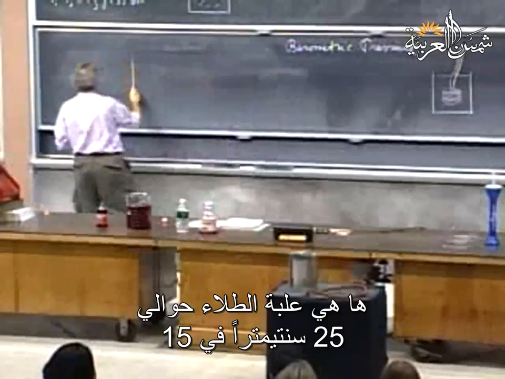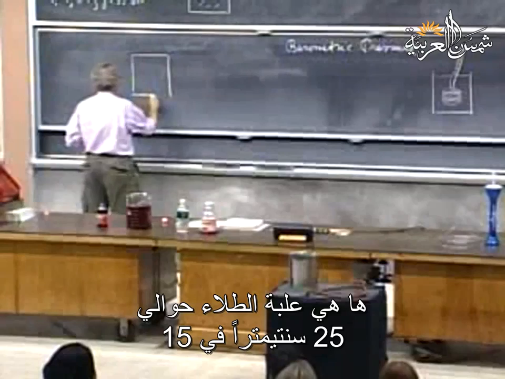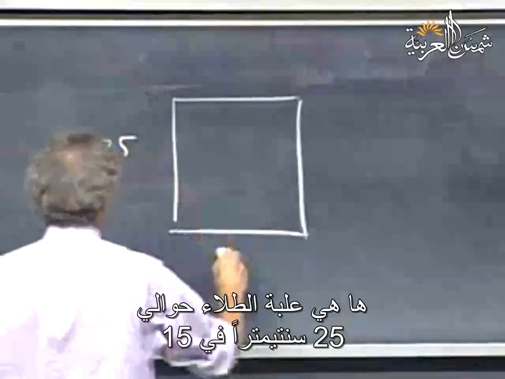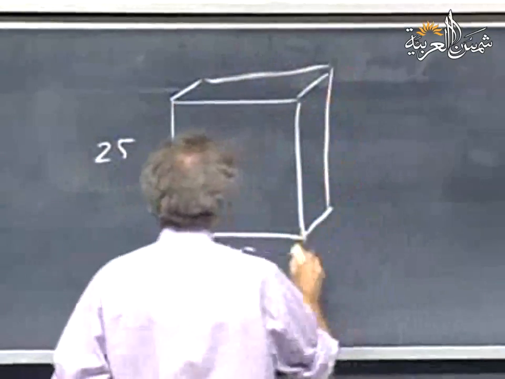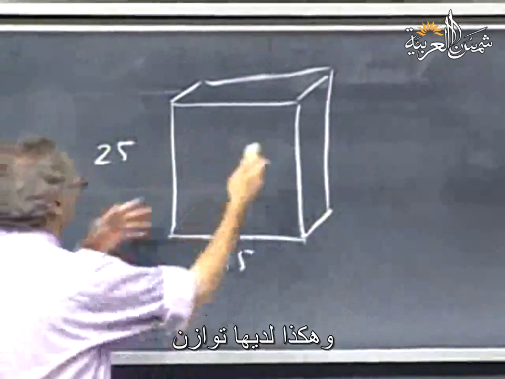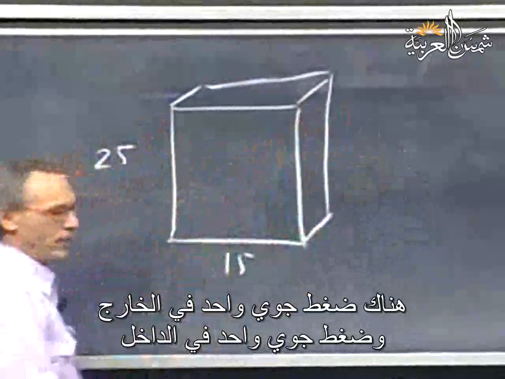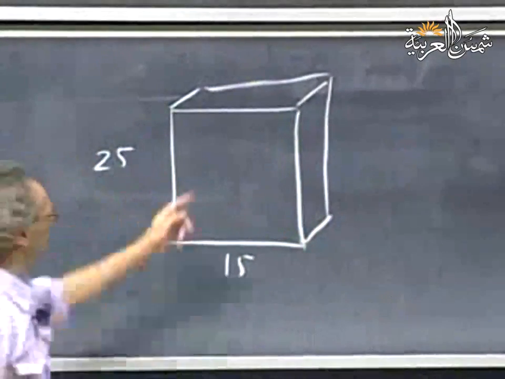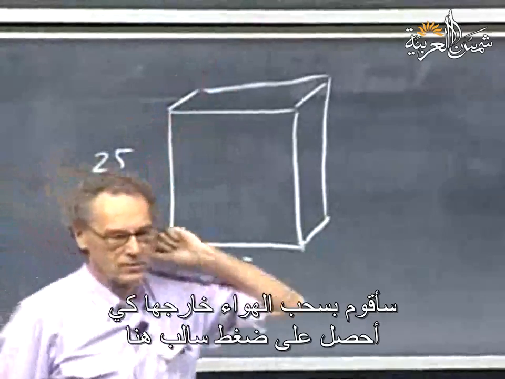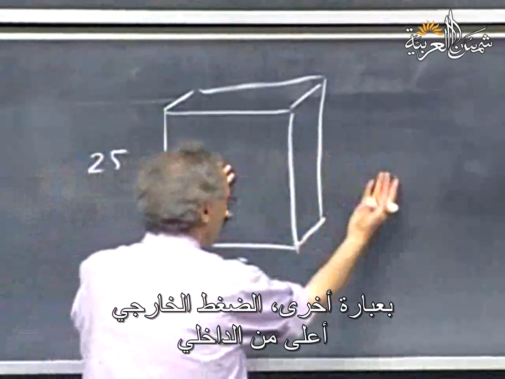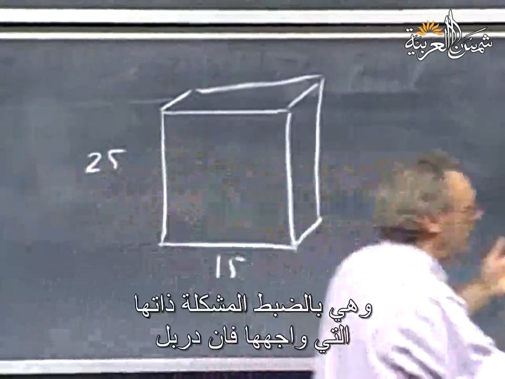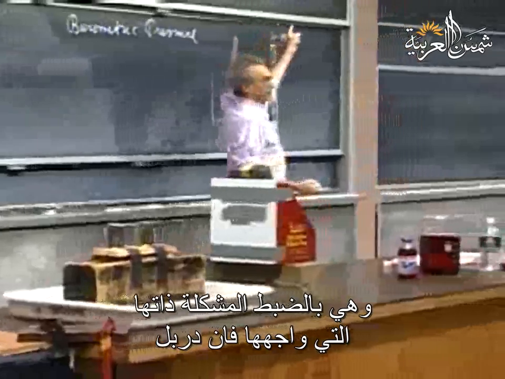And so here is the paint can, about 25 centimeters by 15. And so there's equilibrium. There's 1 atmosphere outside, 1 atmosphere inside. Paint can is happy. I'm going to suck the air out, so I get an underpressure here. In other words, the pressure outside is higher than inside, exactly the problem that Van Drebel had.